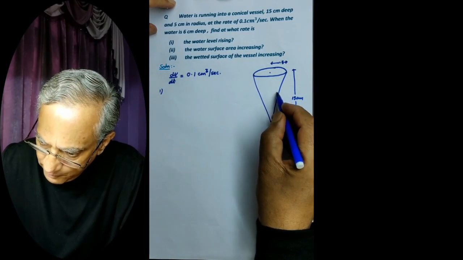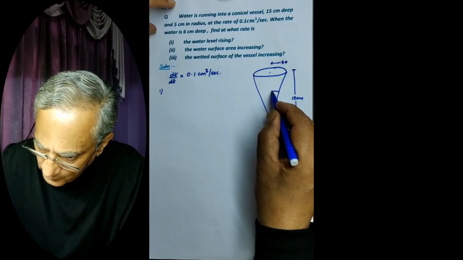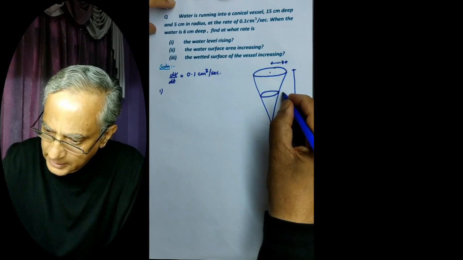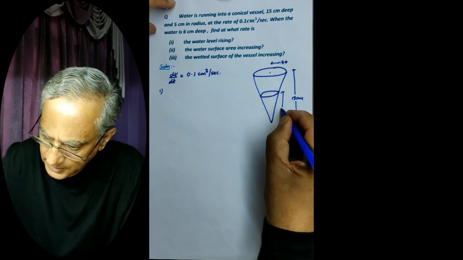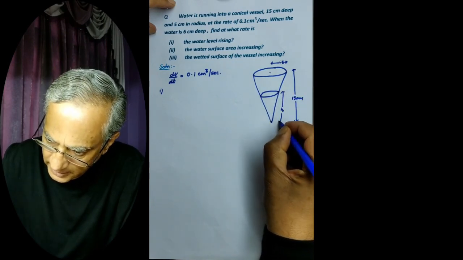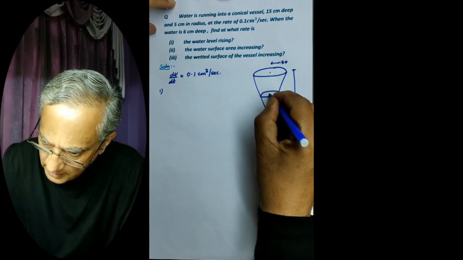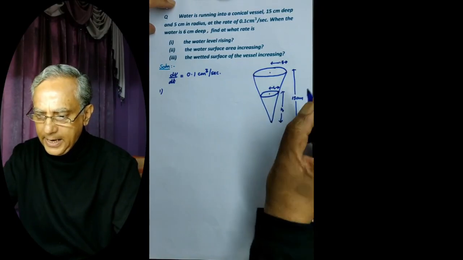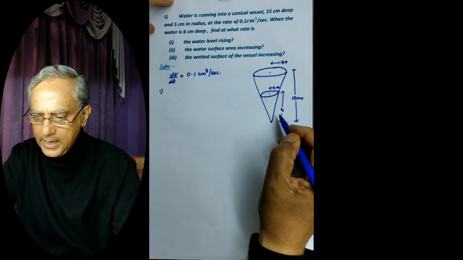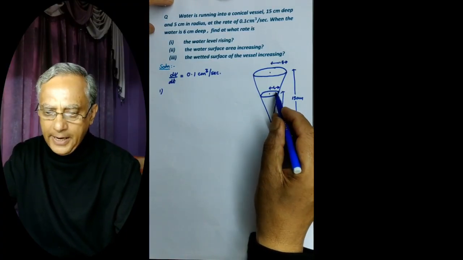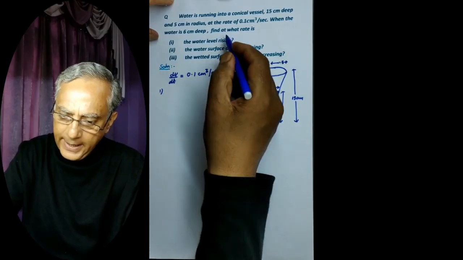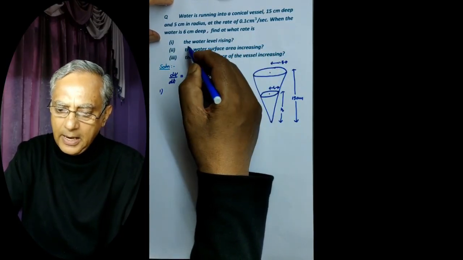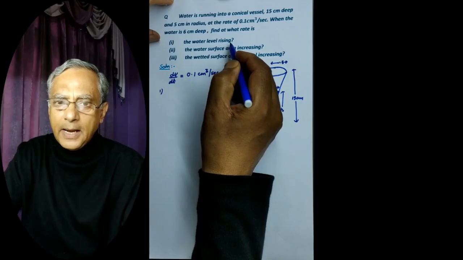Let at any time t this be the water level. Let this be h and let the radius be r. At any time t, let h be the height of the cone and r be its radius.